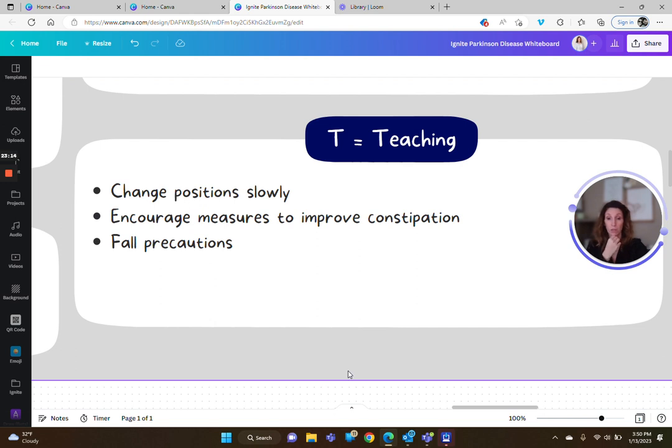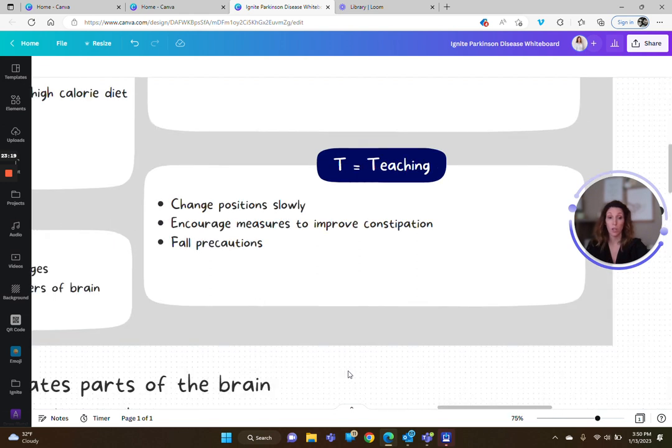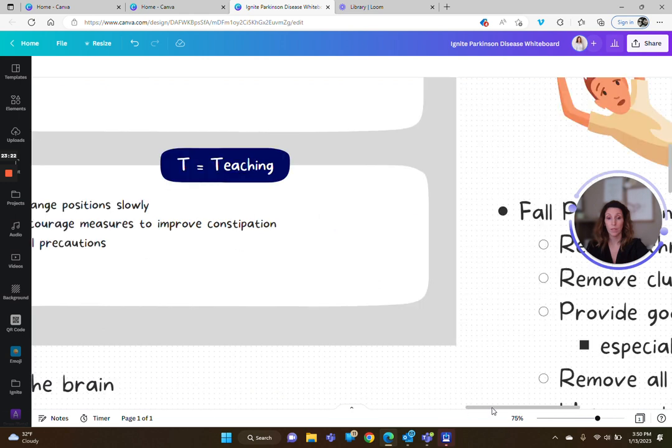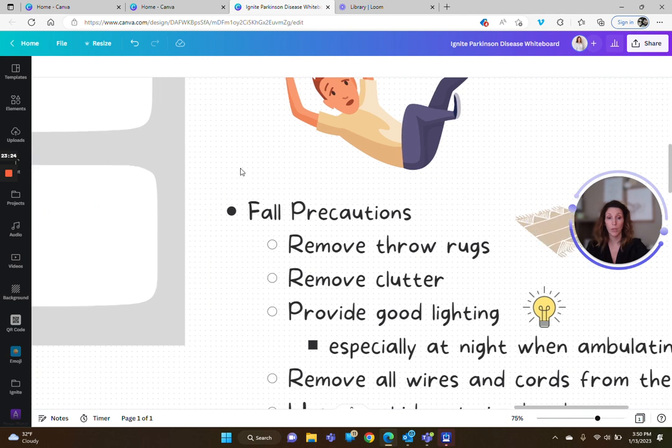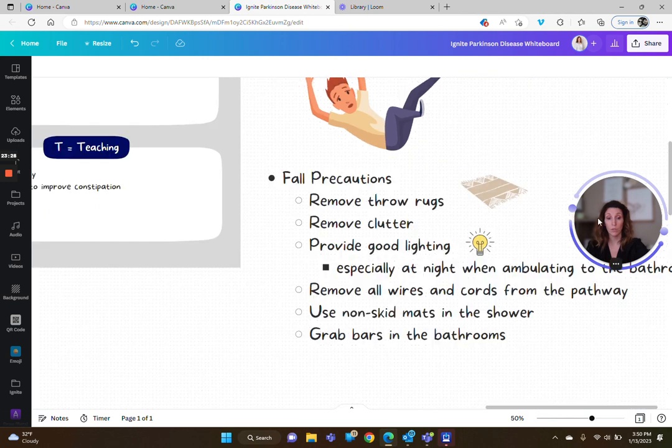And then fall precautions, which there's a lot of things that kind of go into that. And these can be used for lots of different types of patients, but certainly our Parkinson's disease patients need some good fall precautions.